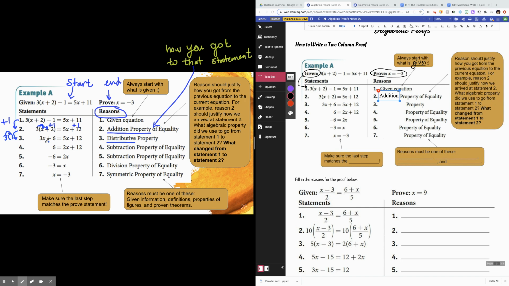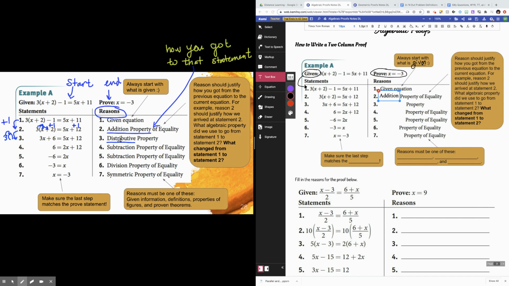So it's not what you'll do next. Some people for number 3 would write, well, I'm going to subtract next, so they would put subtraction property for number 3, but that's not right. The reason that goes with the statement is always how you got there, not what you're going to do next.